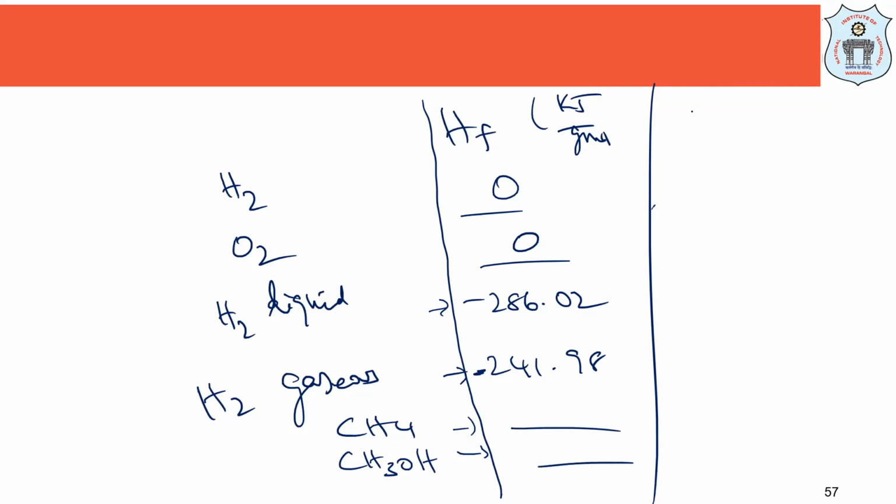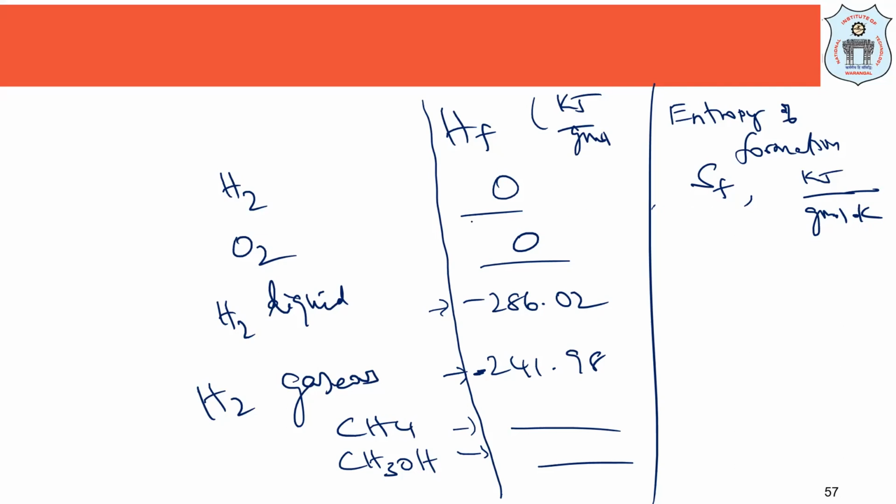Similarly, we have entropy of formation. What is the entropy of formation? It is SF. It is also in kilojoules per gram mole Kelvin. Okay, the unit you have to be aware of.